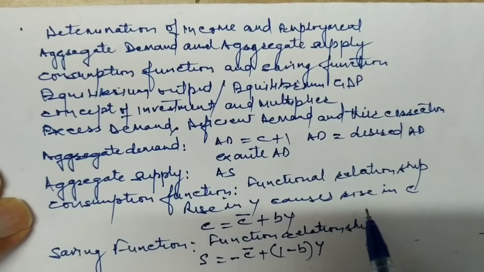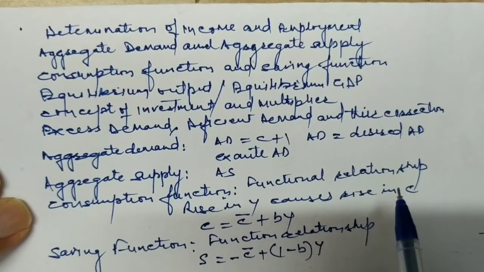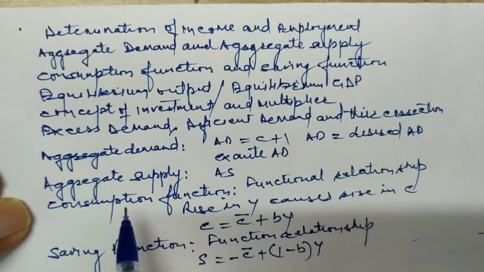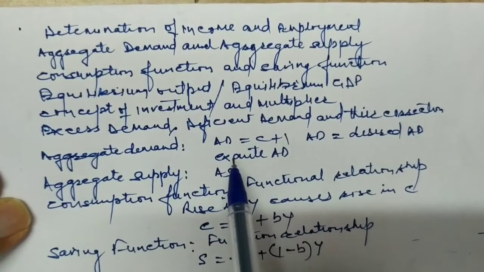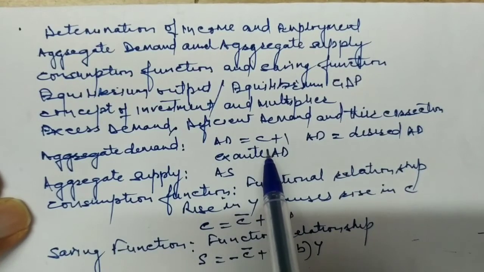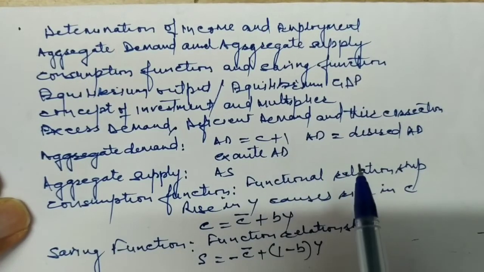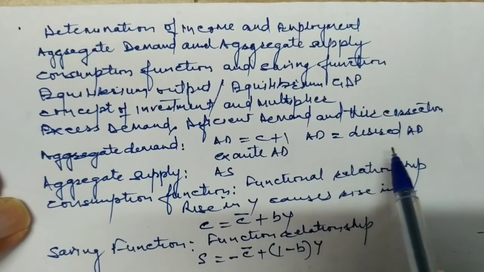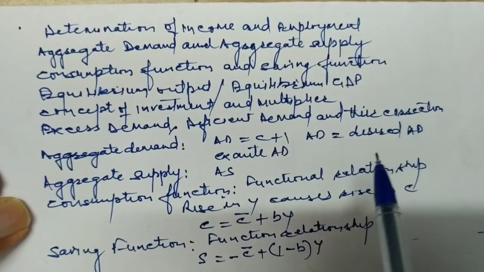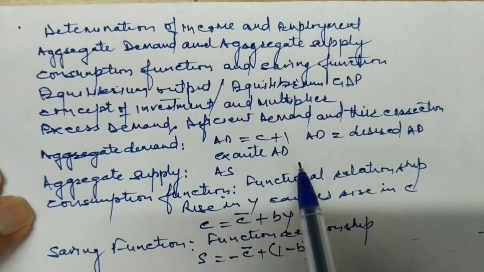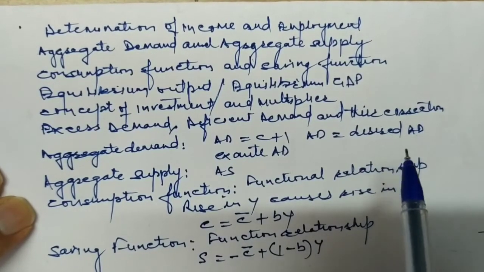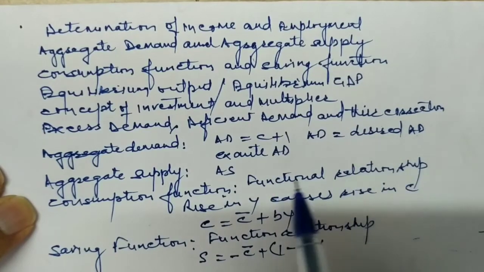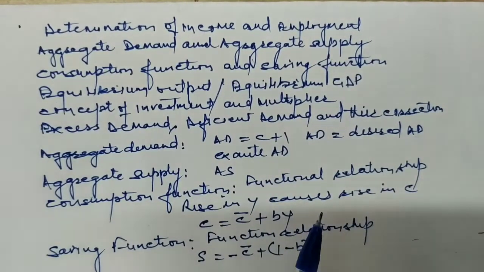Consumption function is the functional relationship between consumption and income. Aggregate demand is equal to consumption plus investment. And aggregate demand is also known as desired aggregate demand, ex ante aggregate demand, and planned aggregate demand.